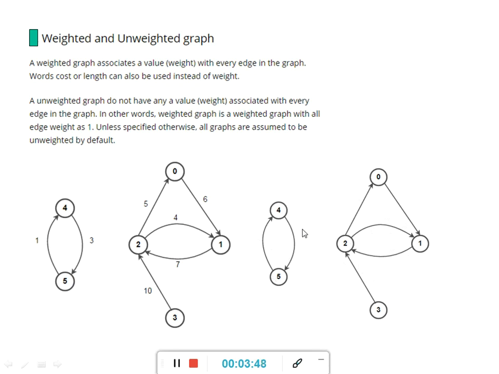Whereas here this is a weighted graph, where the edge from 2 to 0 has a weight 5 and the edge from 2 to 1 has a weight 4. We call such types of graphs weighted graphs.